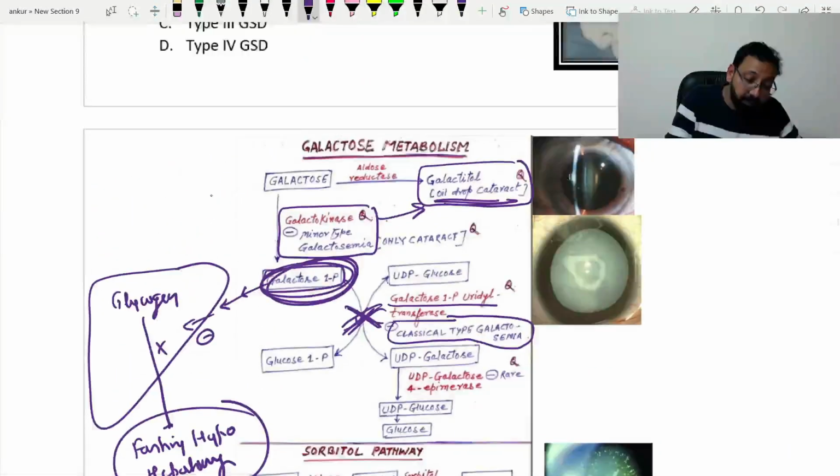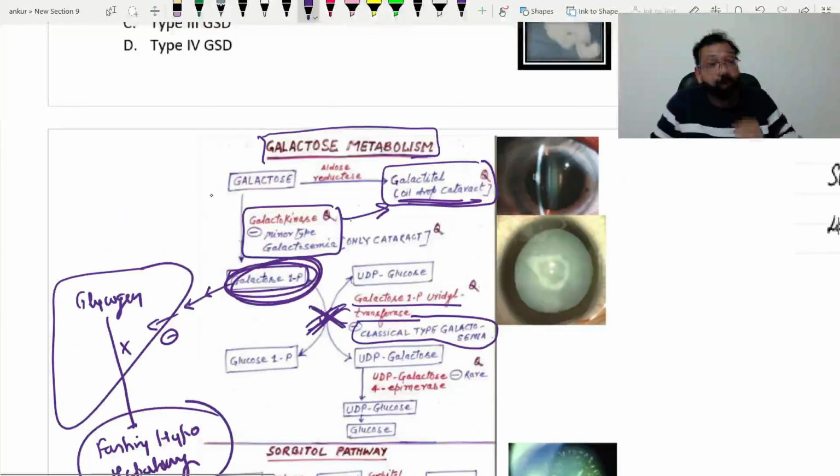In this, the patient usually presents with symptoms after taking breast milk, because milk contains glucose and galactose, and galactose metabolism is defective. That's why the patient would not be able to metabolize galactose and symptoms will precipitate after feeding. One point.